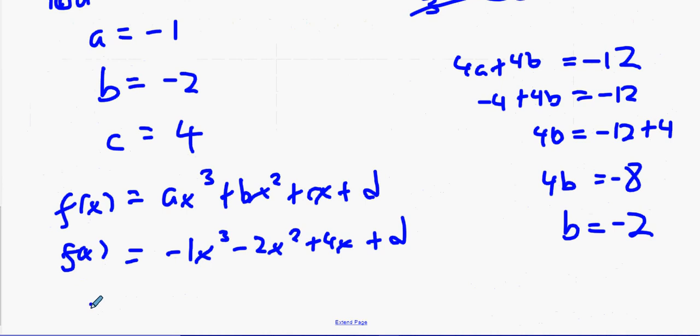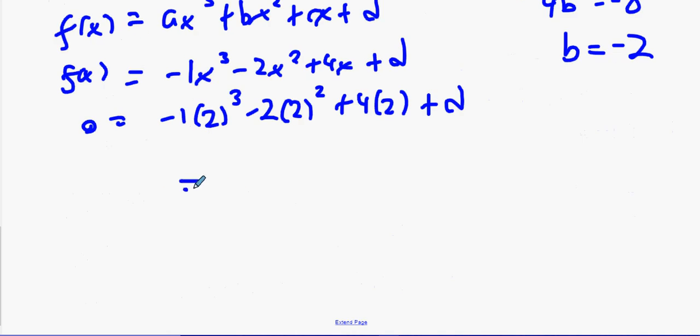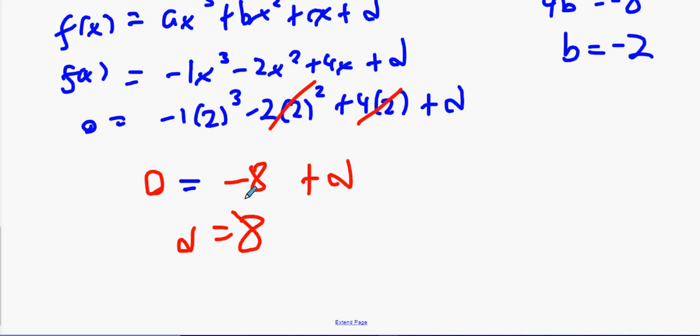So that means 0 equals minus 1 times 2 cubed minus 2 times 2 squared plus 4 times 2 plus d. Now I think that means that minus 8 and the 8 cancel. And then I think that's minus 8 plus d equals 0, and d therefore equals 8. Now I have my a, b, c and d values. I have them all, alright?